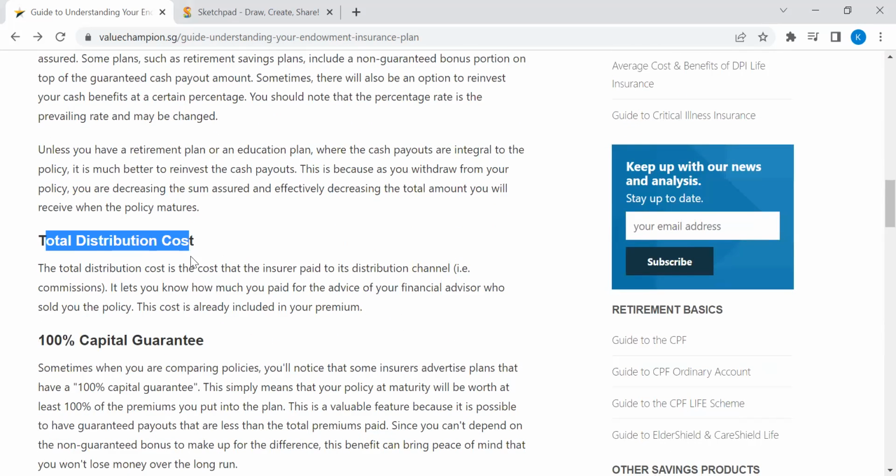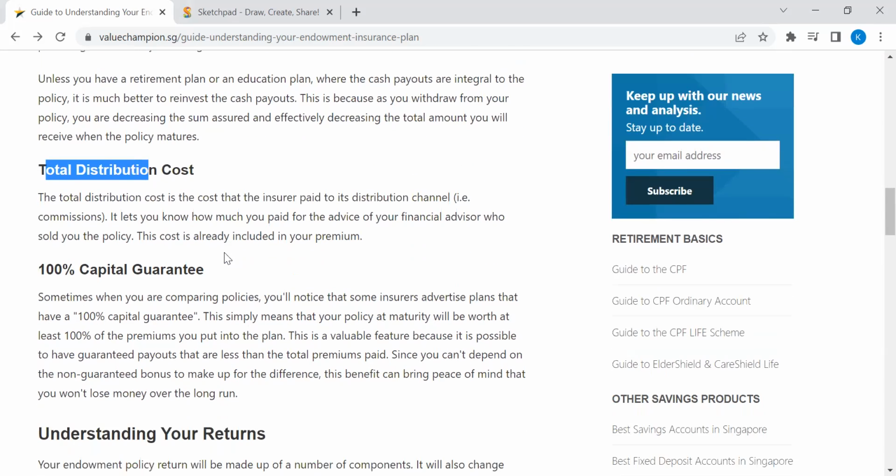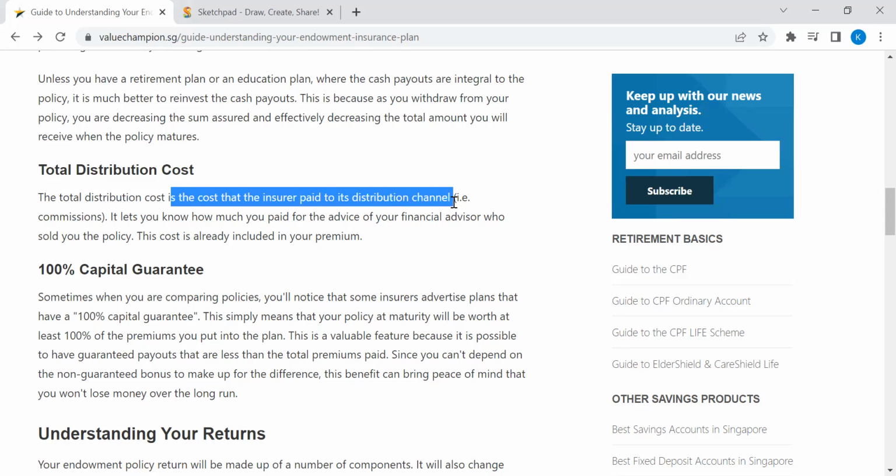The next thing you see in the product illustration is total distribution cost. So what is total distribution cost? Total distribution cost is the cost of insurance paid to its distribution channel, i.e. sales commission. But it's not just about sales commission. It's the total marketing cost actually. Typically, it's much more than the sales commission. Sales commission is probably only around 50% of the distribution cost, because these include marketing, whether in the traditional form or on digital channels, because no advertising and marketing is free.